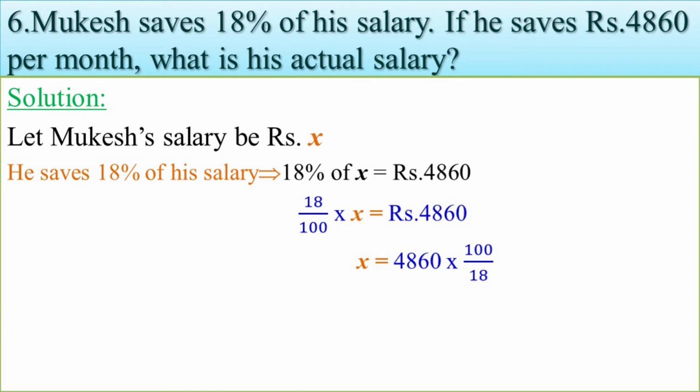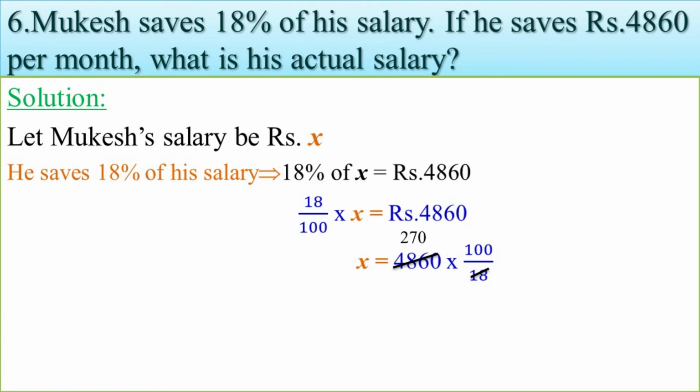Now we are going to cancel by the common factor 18. 18 twenty-sevens are 486. There is a 0 at the end of 486, so we get 270.